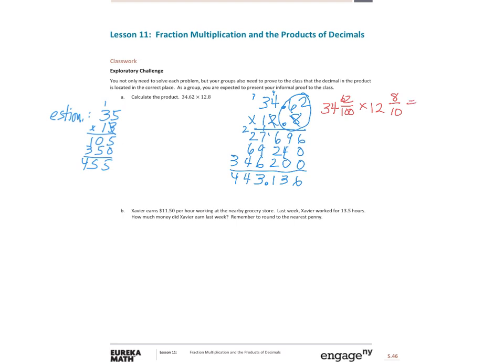So then I'm going to go 100 times 34 plus 62 is 3,462 hundredths, times, so there's 120 and then plus 8, 128 tenths. So therefore I have my large improper fractions, and then all I'm going to do is go 100 times 10 is 1,000.